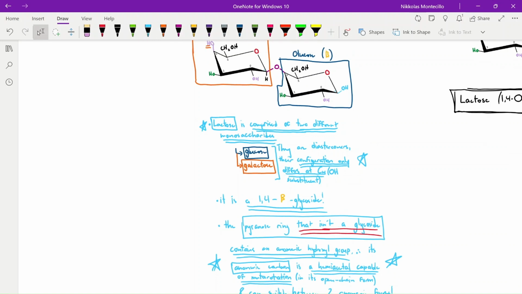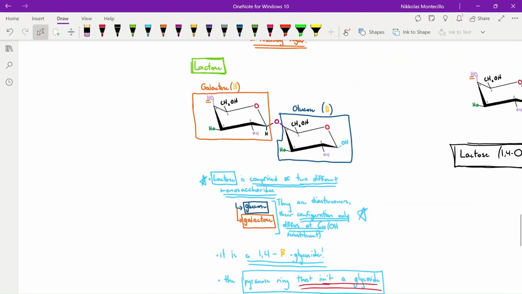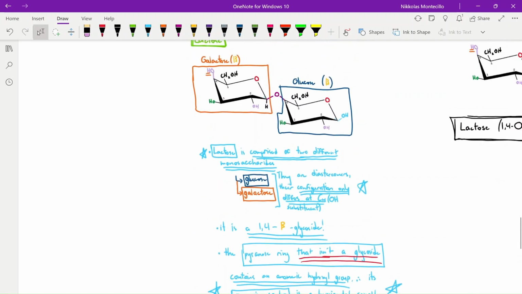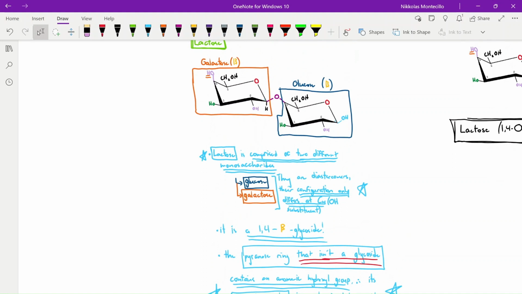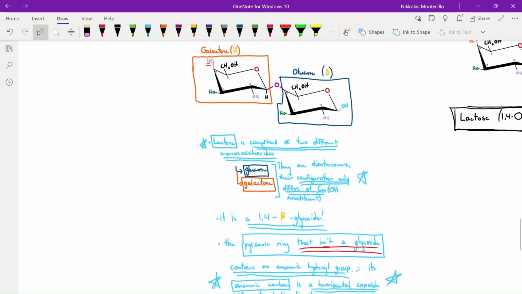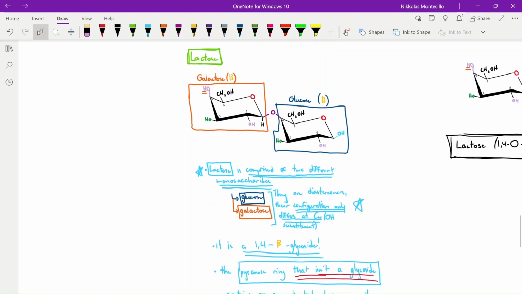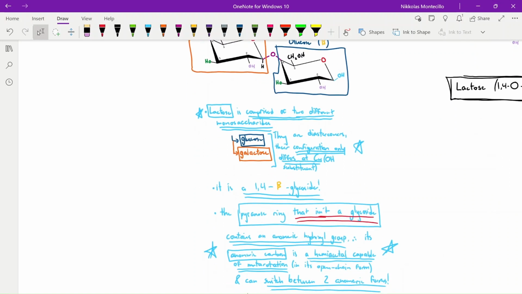Lactose is similar to cellobiose in the sense that it's a 1,4-beta glycoside, but that's pretty much the only similarity they have. The pyranose ring that isn't a glycoside contains an anomeric hydroxyl group, and therefore its anomeric carbon is a hemiacetal capable of mutarotation in its open chain form and can switch between the two anomeric forms.